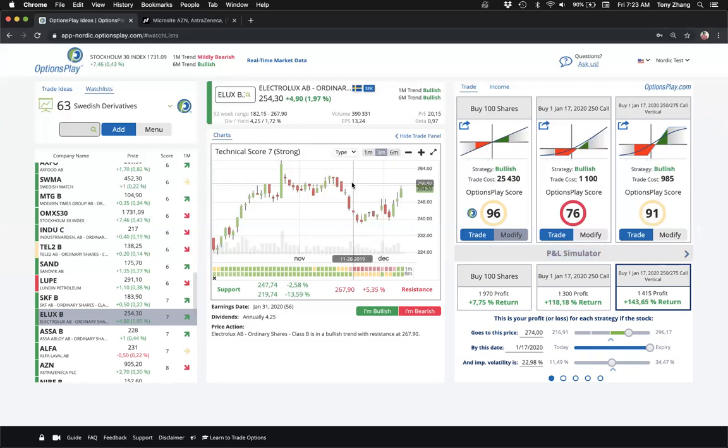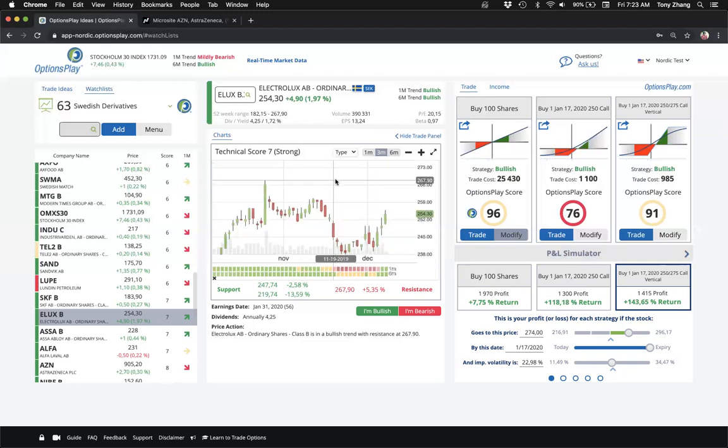So Electrolux B, let's say I believe this stock is going to rally back up to its 52-week high, around 267, 268. So I can plug that outlook into the P&L simulator based on where I think it'll go, by what date, and it will calculate for me approximately how much that option will be worth if the stock rises to 268 by January 9th.